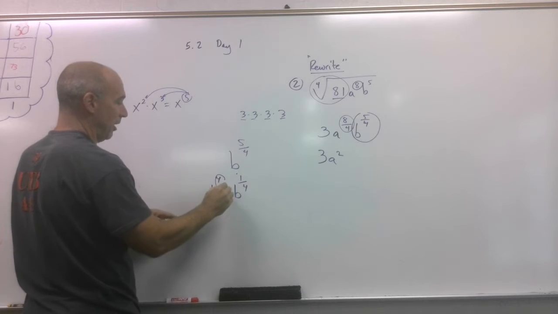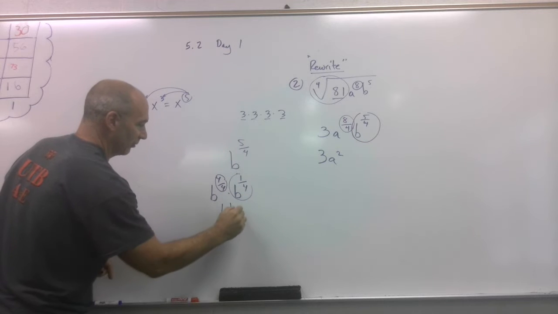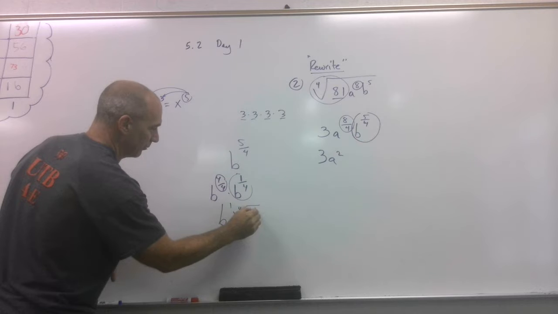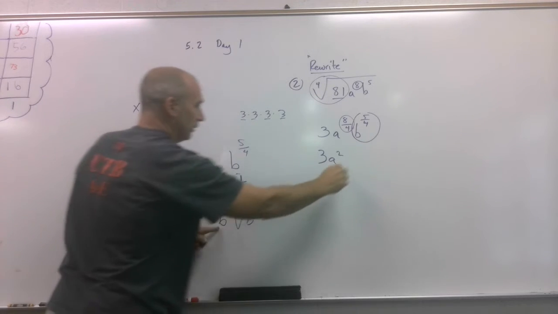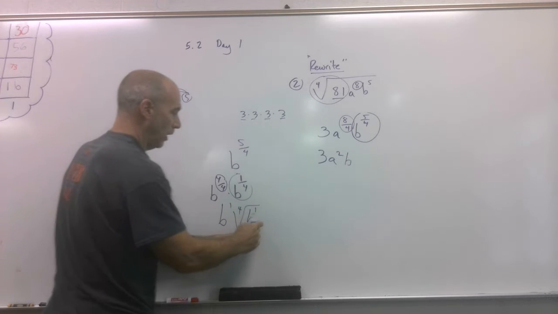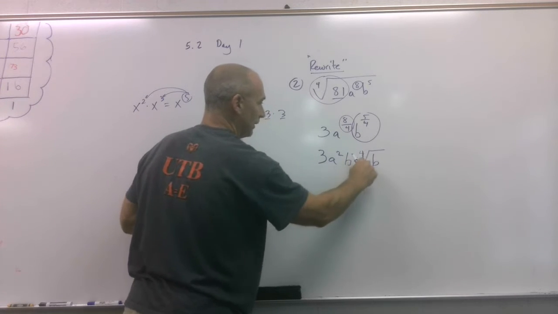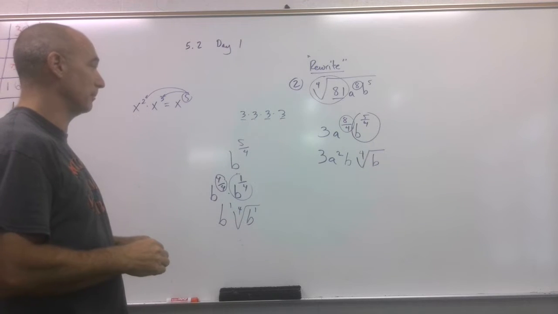And I lop that off because I know that's going to turn into a 1. Then this is just the fourth root of b. Now there's a 1 there, so there's really a 1 there. Now I've got oil and water, so this oil joins the other oil. The water is this. Don't forget that little 4. If you forget that, you completely change the value of the problem.